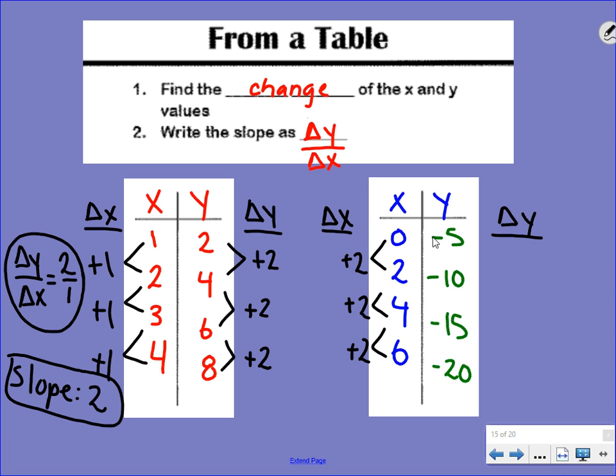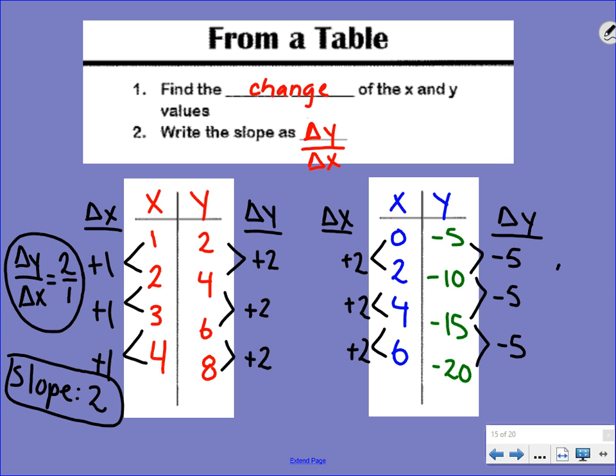To get from one y value to the next y value, however, we're not adding because we're going down. Negative 5 to negative 10 is a minus 5. Negative 10 to negative 15 is a minus 5. And negative 15 to negative 20 is minus 5. So we write our slope as our change in y over our change in x.